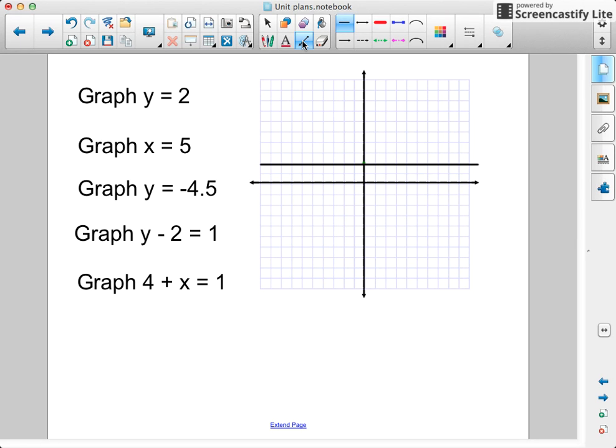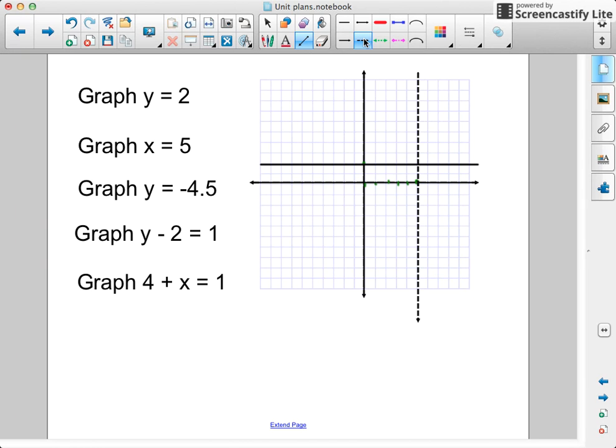Okay, next one, let's graph x equals 5. So let's find 5 on the x-axis. So 1, 2, 3, 4, 5. So right here, so this is a vertical line at x equals 5. So it would look like that.